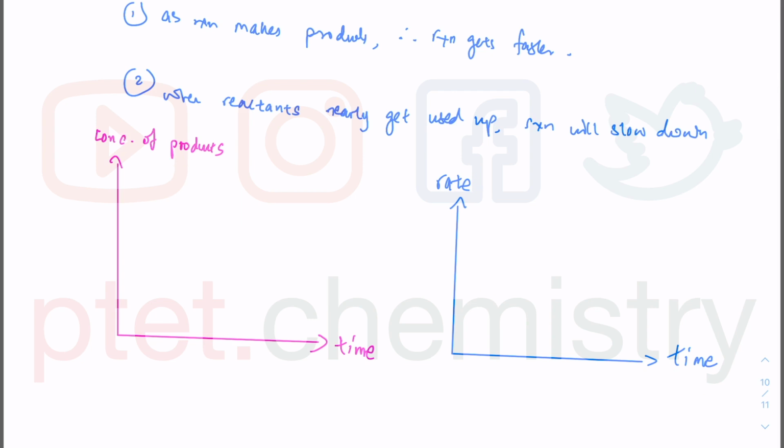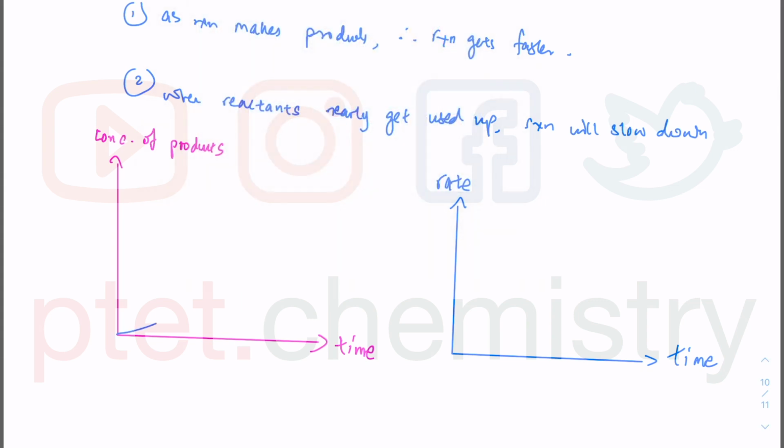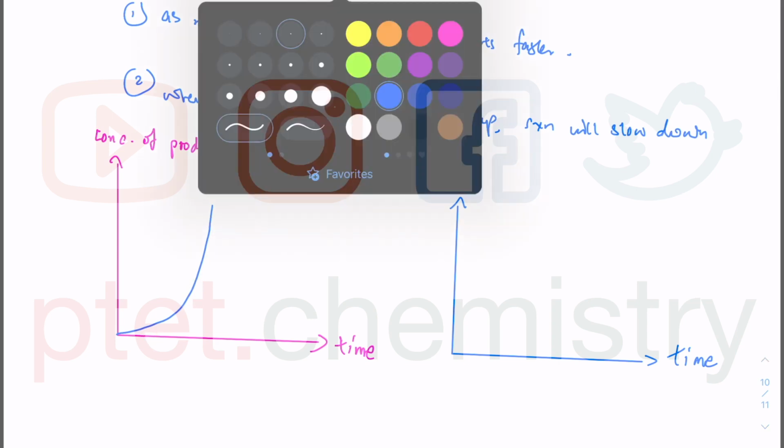This is concentration of products. Initially, I will have no products. And then my reaction will get so fast that my product is being produced at a much faster rate compared to initially.